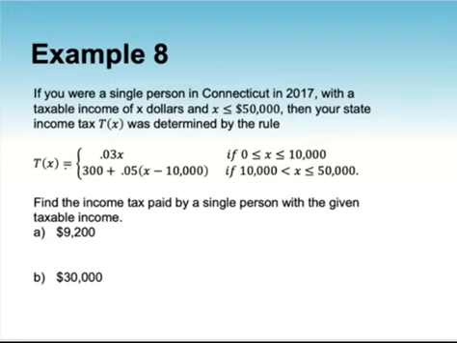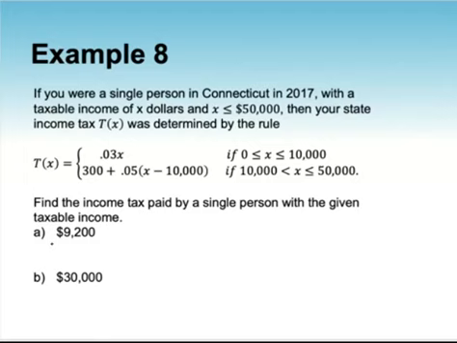So we have this piecewise function, T of X equals 0.03x if X is between 0 and 10,000, or 300 plus 0.05 times X minus 10,000 if 10,000 is less than X is less than or equal to 50,000. You are asked to find the income tax paid by a single person with a given taxable income. So for part A, for the taxable income of $9,200.